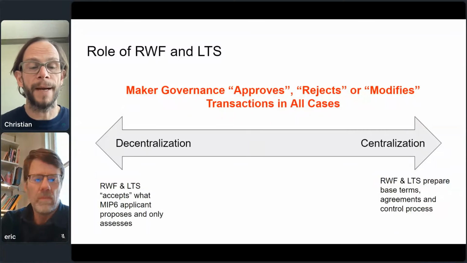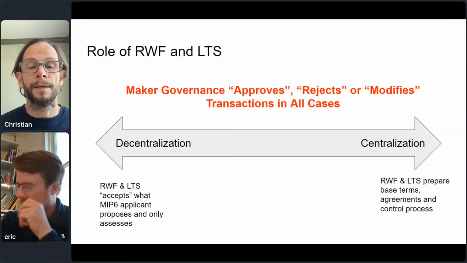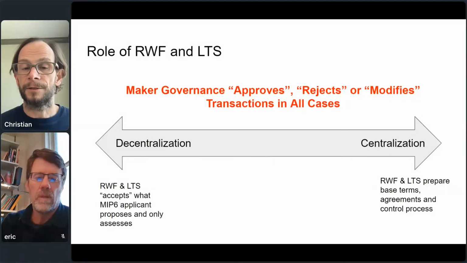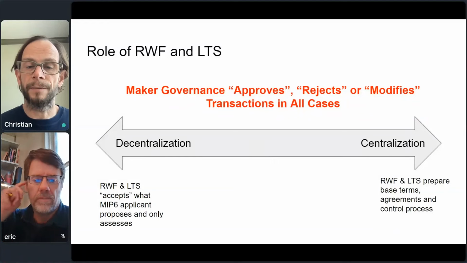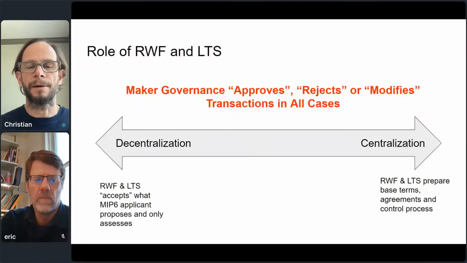We would not go back to the MIP6 applicant and say, hey, this term might be more acceptable if it was 1 plus A rather than just A. That's the extreme of decentralization. There's an extreme of centralization where we prepare the underlying agreements, we control the entire process, and frankly, in the real world, most lenders are on the side of centralization.